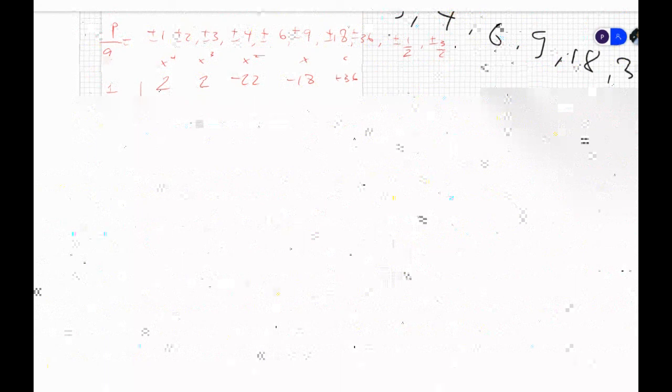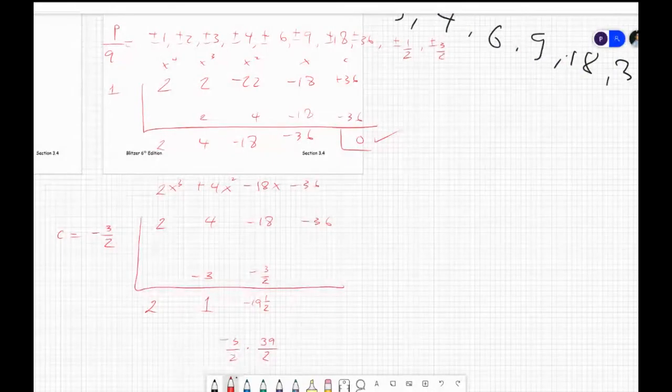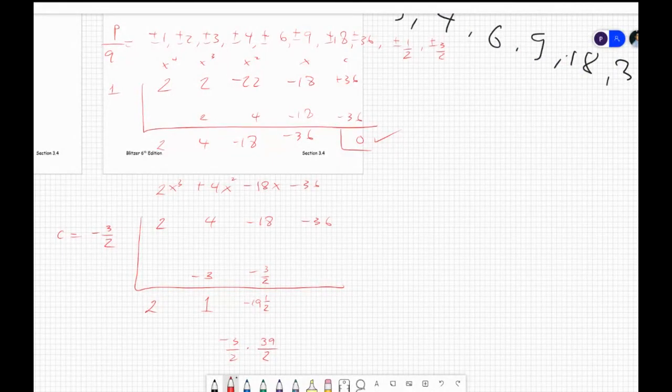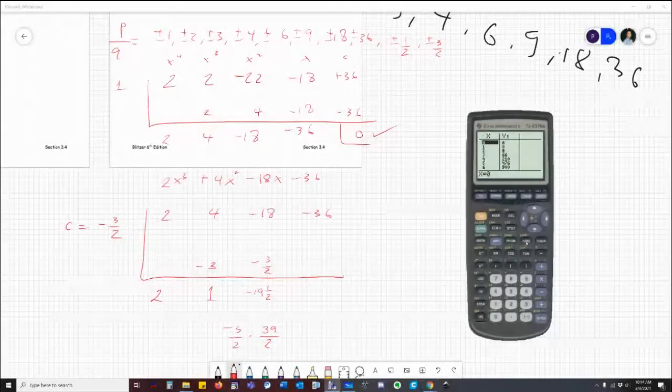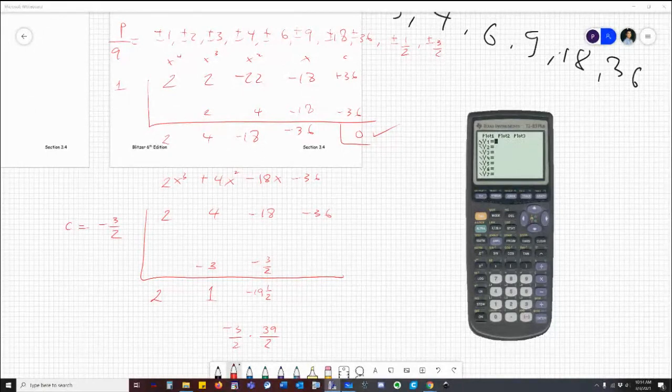Now, of course, you can also use your calculator in order to plug in and see what numbers we're going to get. Let me share my screen here. Okay, so you can go to y equals, and you're going to type in the function.